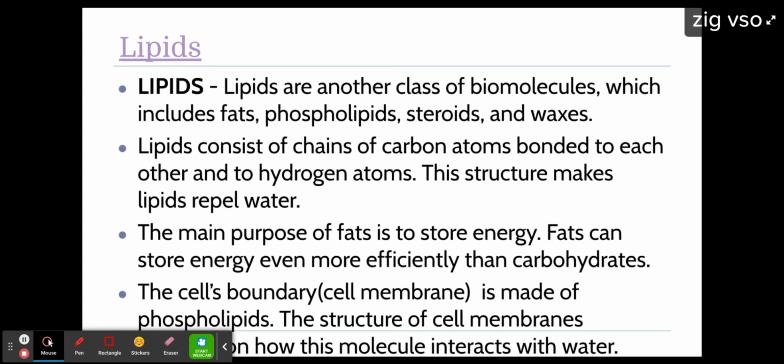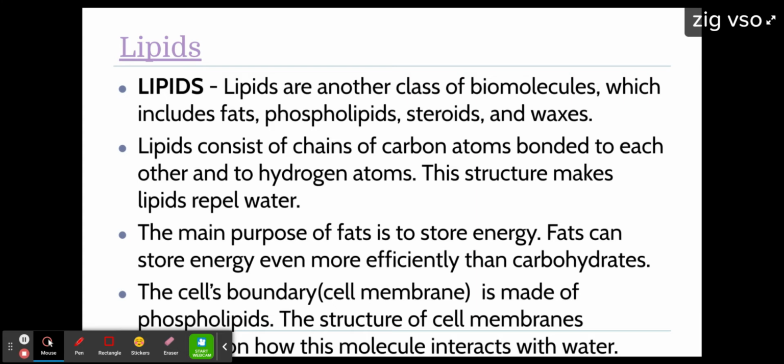So you'll see energy stored in the form of fats for organisms that have to move around. Those organisms that don't move around tend to store energy as carbohydrates, in the form that they're made in. So the other really important thing that lipids do is they compose the cell membrane.